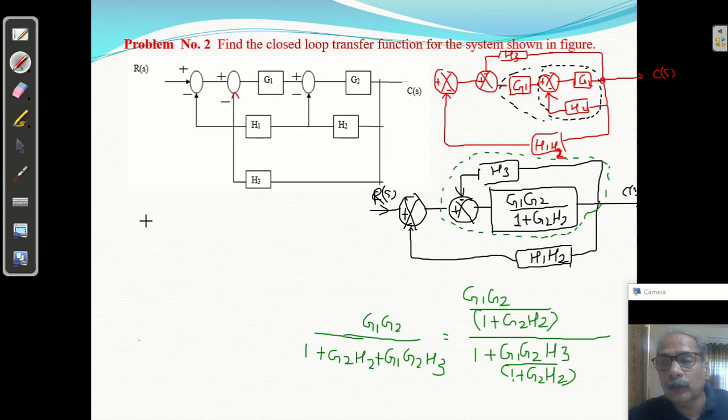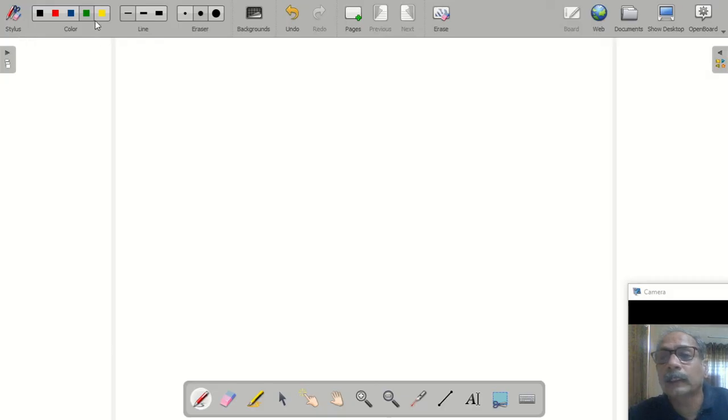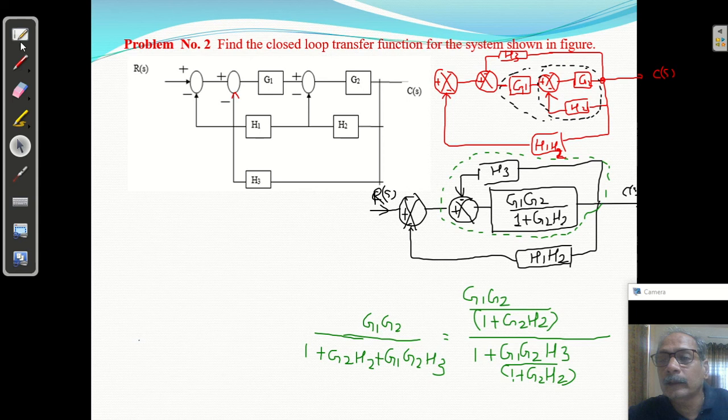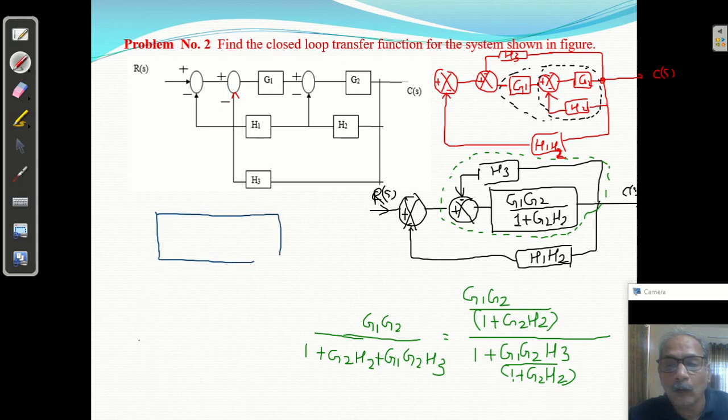So I'm going to draw one more diagram. I'm going to change the ink. This is GS. What is the value? G1 into G2 upon 1 plus G2 H2 plus G1 G2 H3.